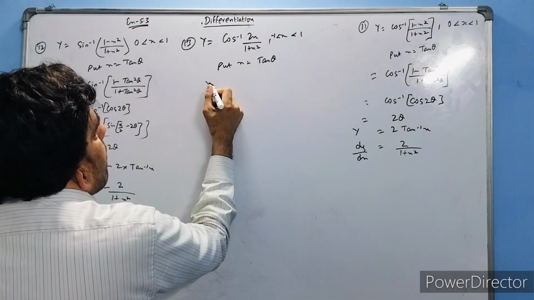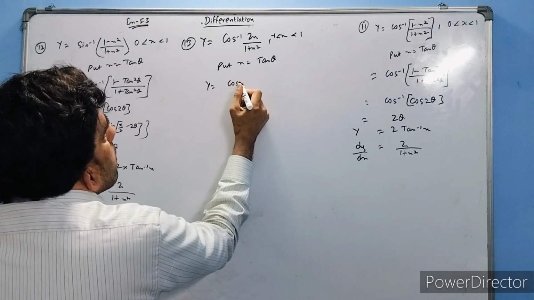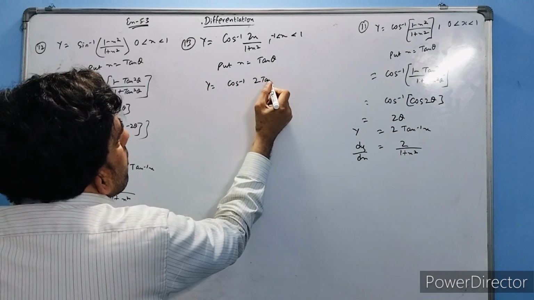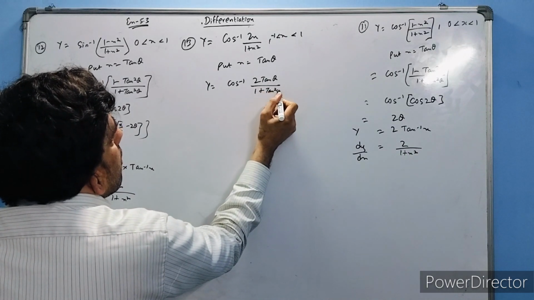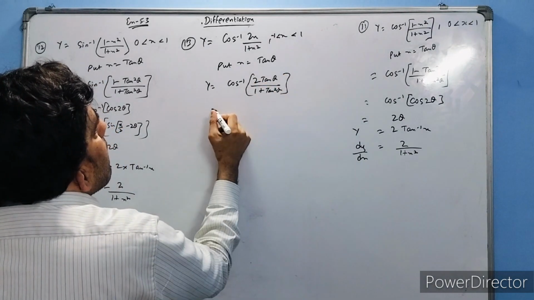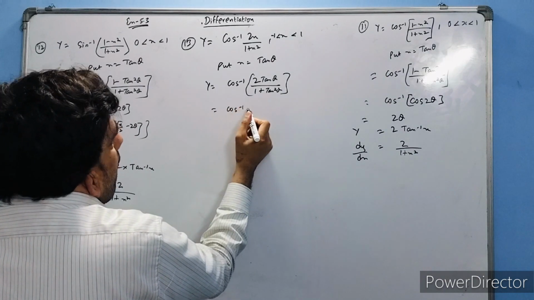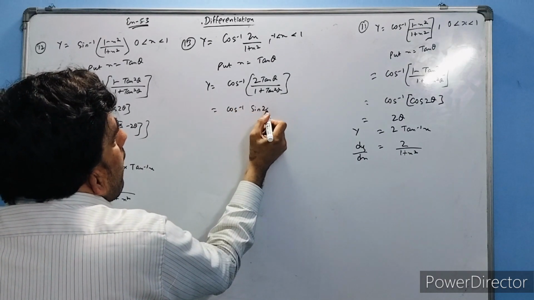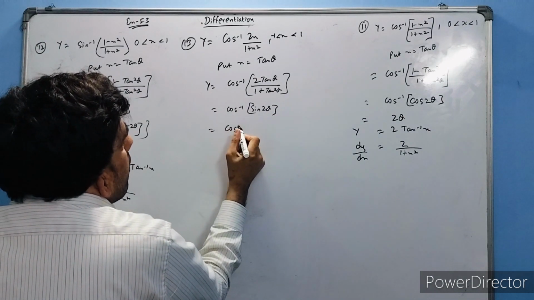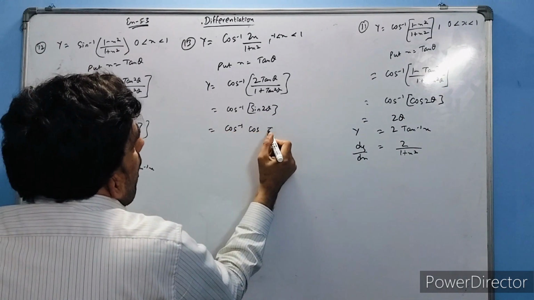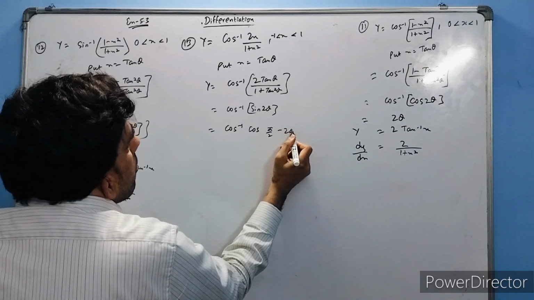So we have y is equal to cos inverse 2 tan theta upon (1 plus tan square theta). Here it will be sine 2 theta. We have the formula for sine 2 theta, so we'll write it as cos inverse cos of (pi by 2 minus 2 theta).